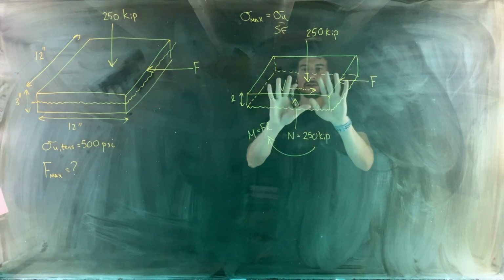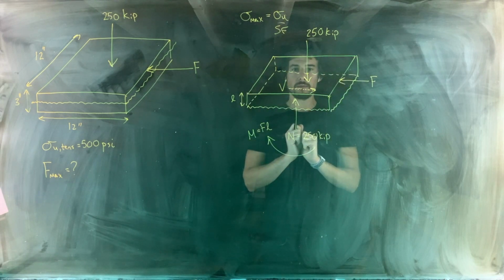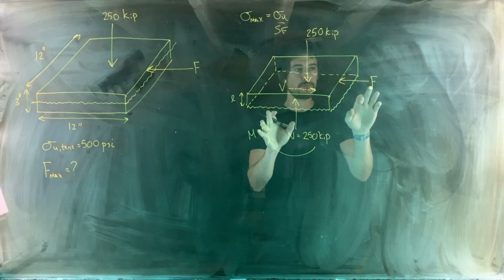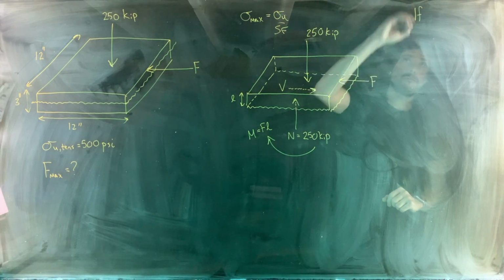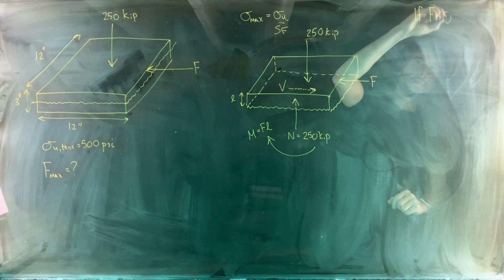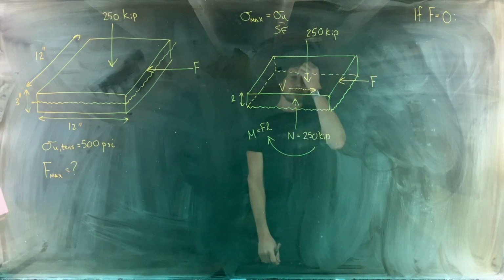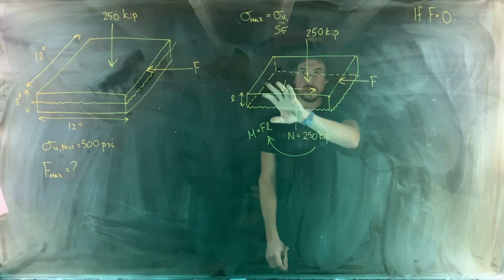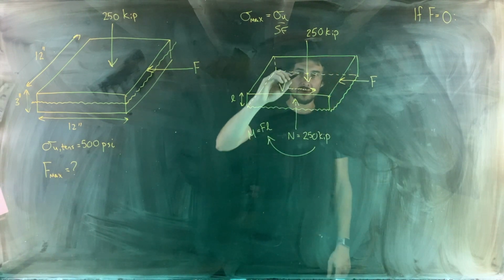So let's first think about this situation when F is equal to 0. If F is equal to 0, and we look at a point in that cut cross section.